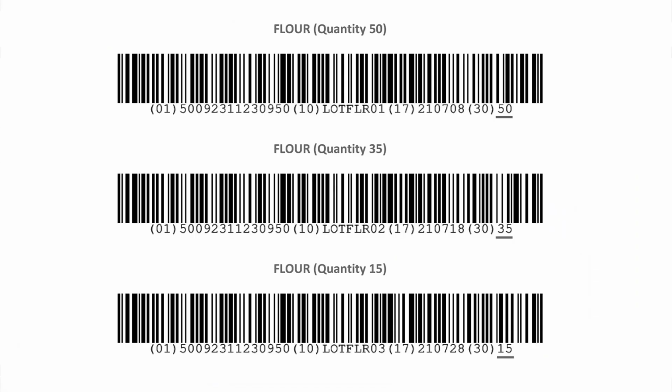So what does the GS1 barcode look like for this particular example? Again, the barcodes in this example follow the same format as in the previous demonstration, where we're using four application identifiers that include the lot information and a quantity.